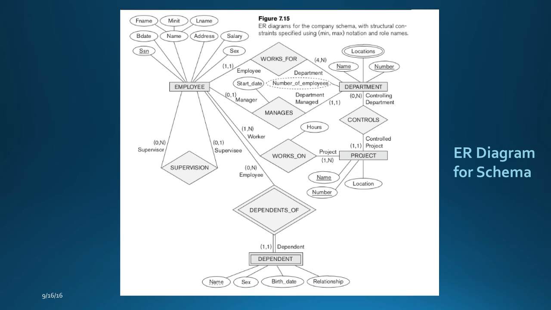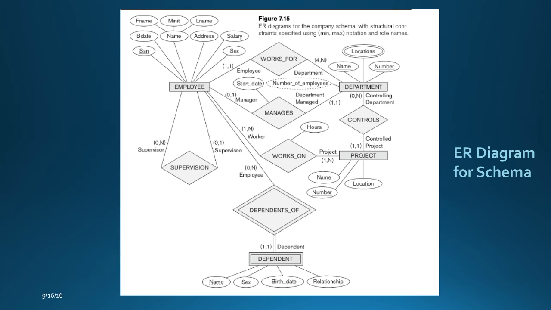Then you also see these numbers here, like 1 and 0, 1. Those are the participation constraints, structural constraints. So there's a participation notation. For example, like I was saying, an employee, for managers, there's a 0 and 1, right? If you see the line going from employee to managers, there's a 0 and a 1.